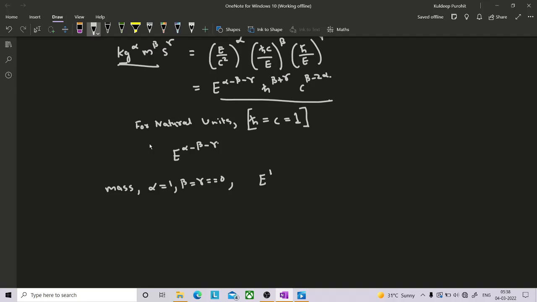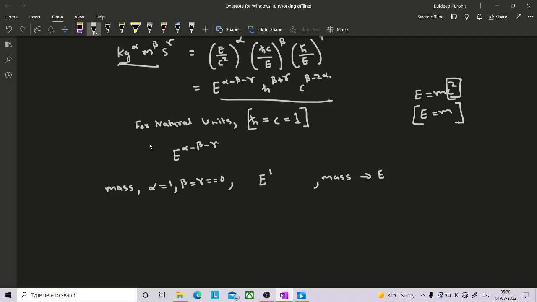So in natural units, mass will have the dimensions of energy. It is simply like this: E is equal to mc square. If I take c is equal to 1, then energy is equivalent to mass.